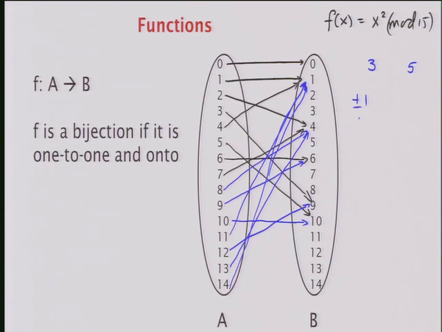So the square roots of 1 mod 3 are 1 and 2. What are the square roots of 1 mod 5? Plus and minus 1, right? What's plus and minus 1 mod 5? 1 and 4.